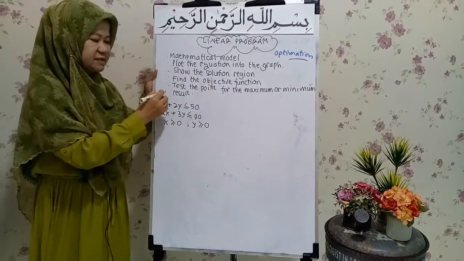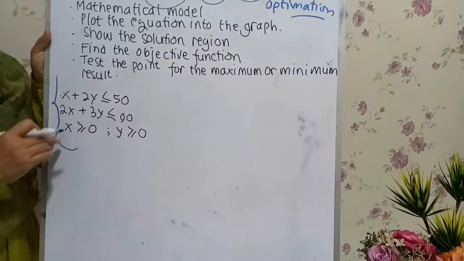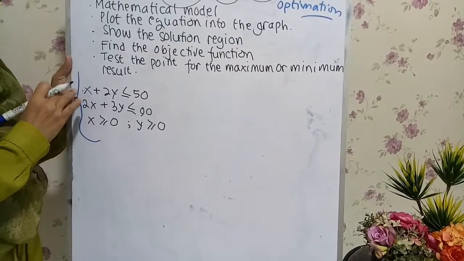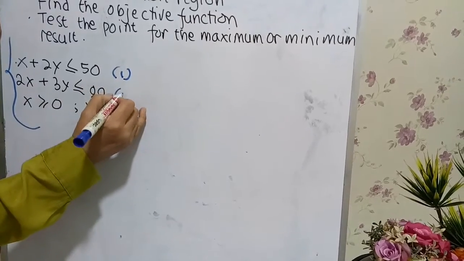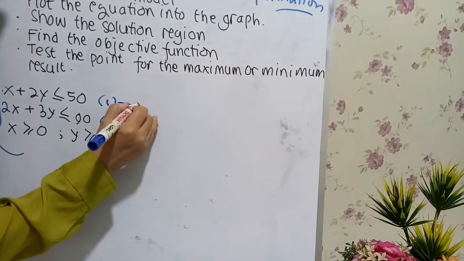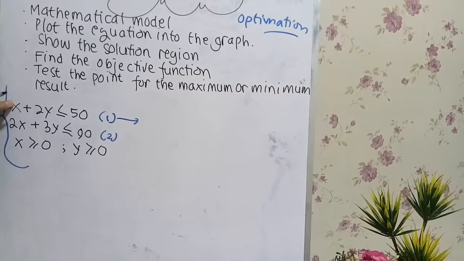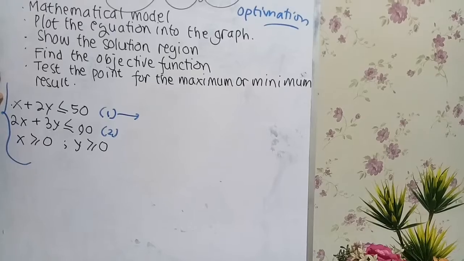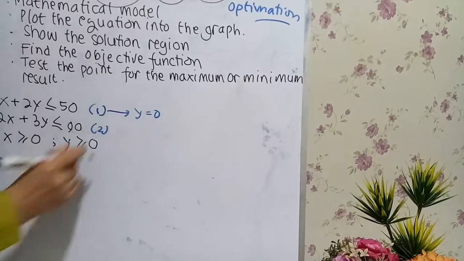Now this is a mathematical model. In order to plot this mathematical problem into the graph, I put this as equation 1 and this one as equation 2. We have to find equation 1 first. We have to find the intercepts. The line intercepts with the x-axis, for example, means y equals 0.